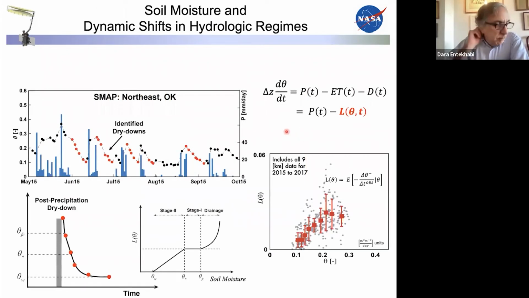So let's look at it again, but isolate one of these dry downs to see what's going on. Let's take this dry down and plot it down here. So it's just one event following a rainstorm. After the rainstorm, soil moisture jumps up and very quickly drains to the field capacity.